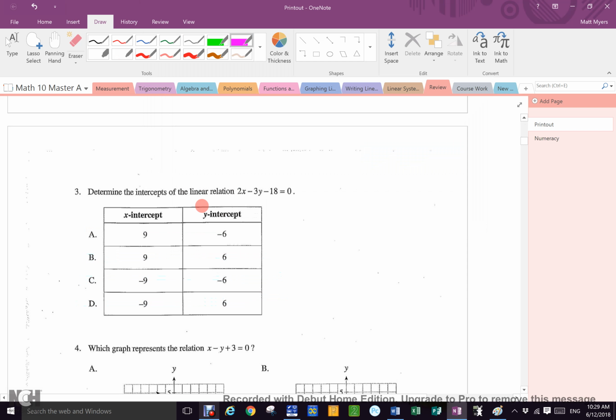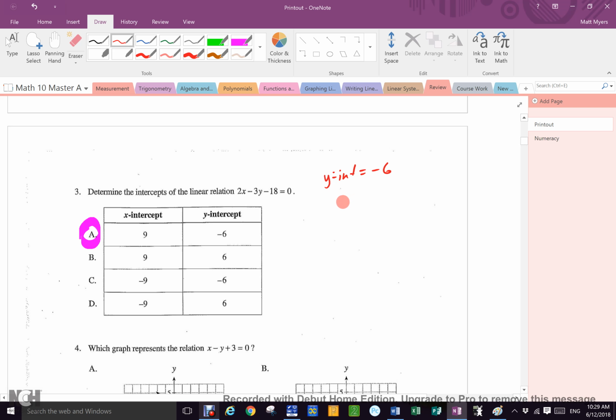Michael says: I figured out the y-intercept was negative 6, and I just guessed that the x-intercept is 9. Okay. So I guessed A. So Michael is saying A because he says the y-intercept equals negative 6. Why do you know what the y-intercept is? Because I put it in slope-intercept form.